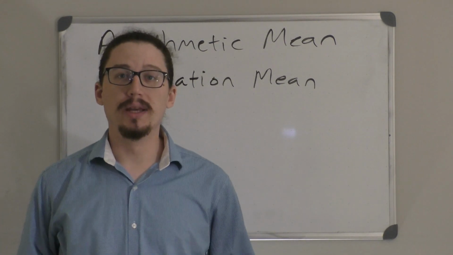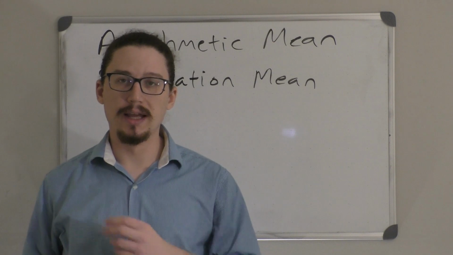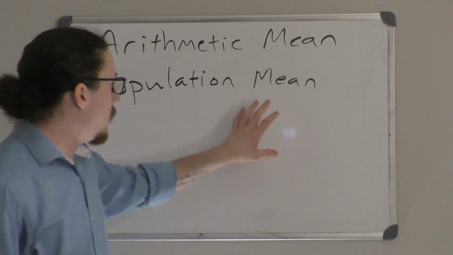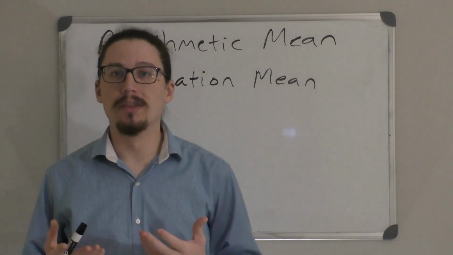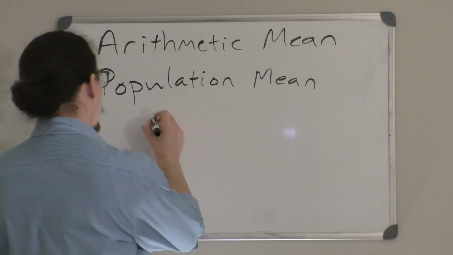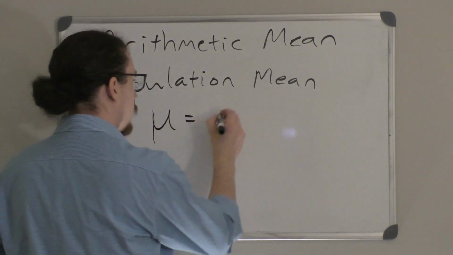We have the population mean, so this is where we're going to start splitting up between population and samples. All right, so population mean, so this would be the parameter.